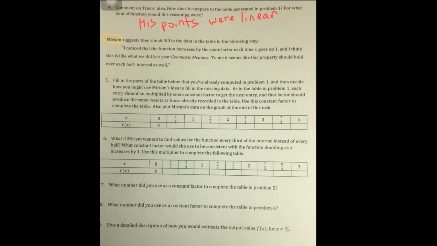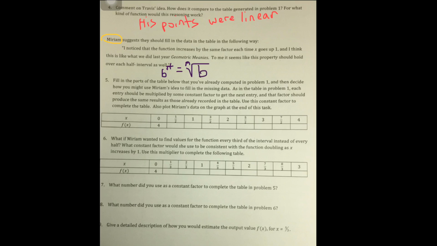At least I don't have to use whiteout. b to the 1 over n equals, I'm trying to write 1 over n. Okay, it's not working out for me. And I tend to be a perfectionist with this stuff. b to the 1 over n equals the nth root of b.